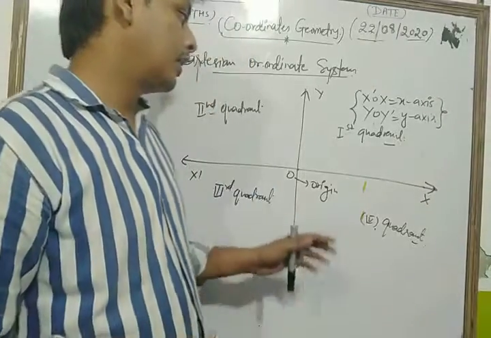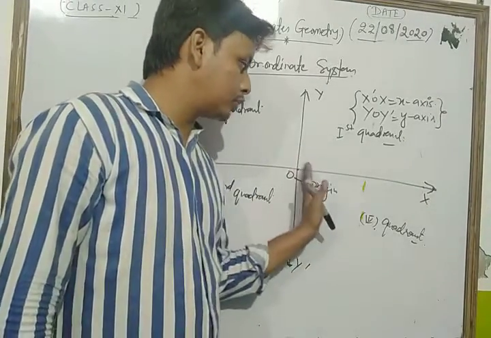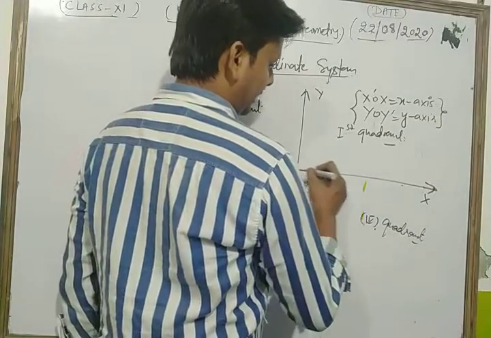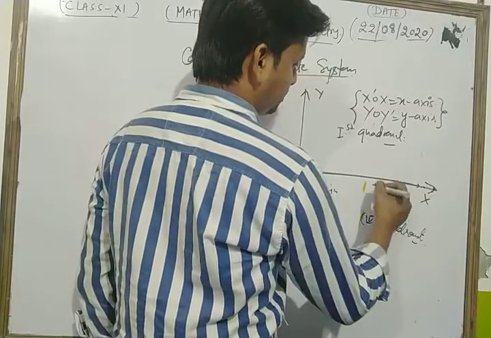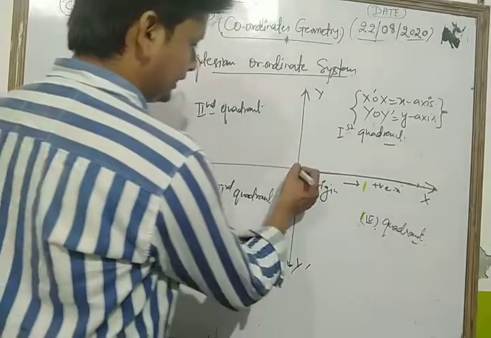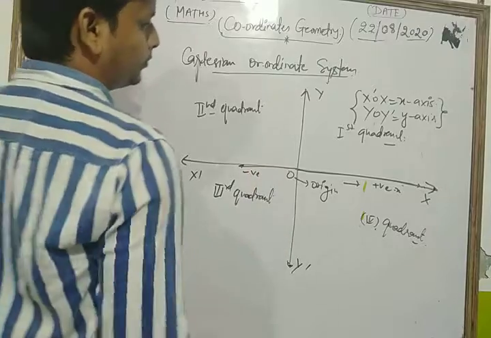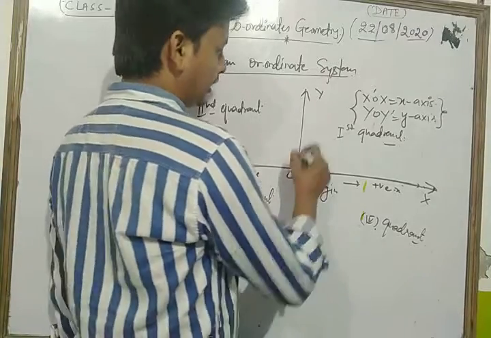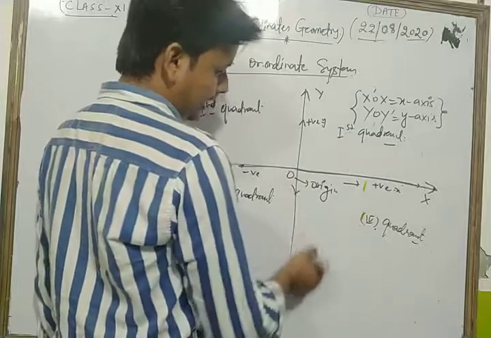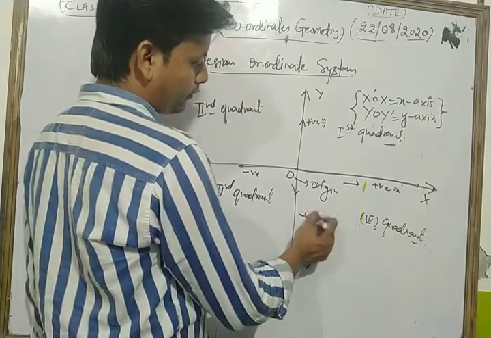Dear students, this is the positive direction of y from the origin, to the right is the positive direction of x, and this is the negative direction of y. Same as from the origin, that side is the positive direction of y, and on the other side is the negative direction.